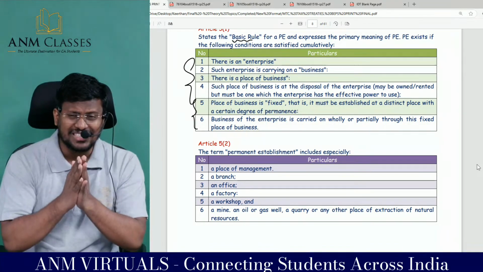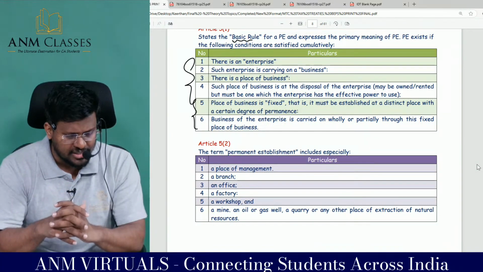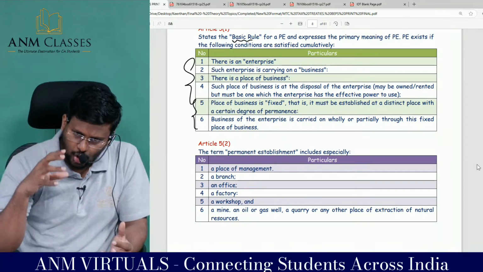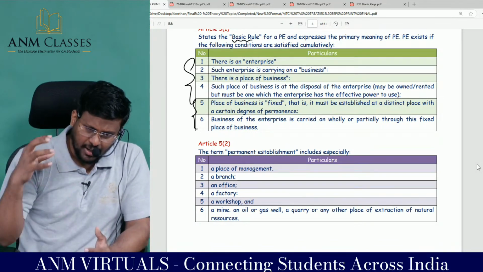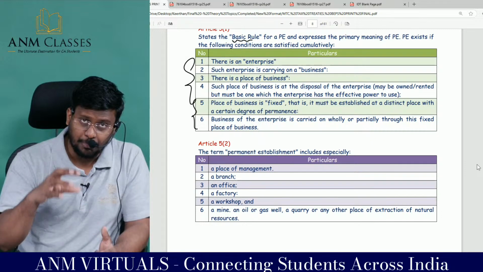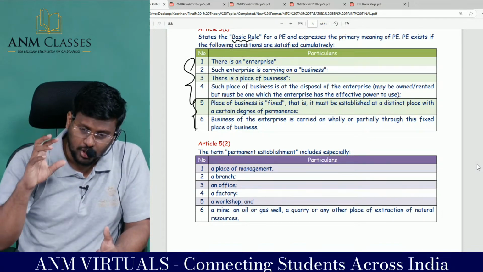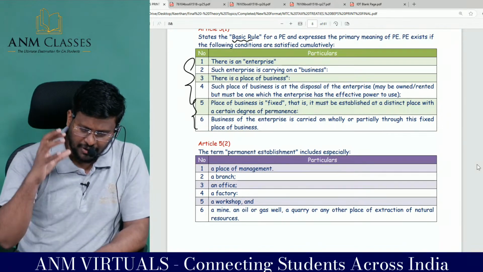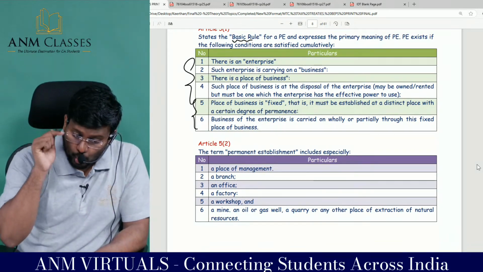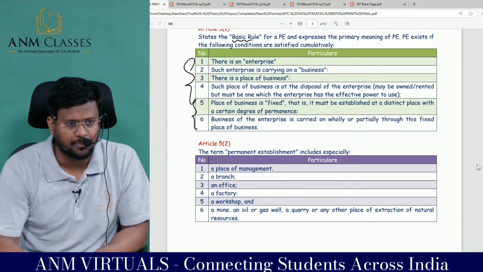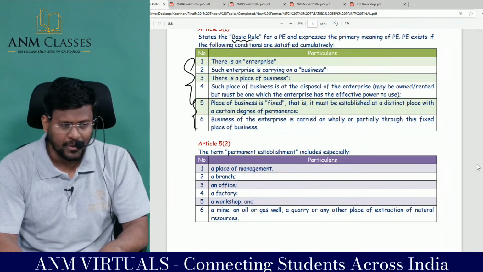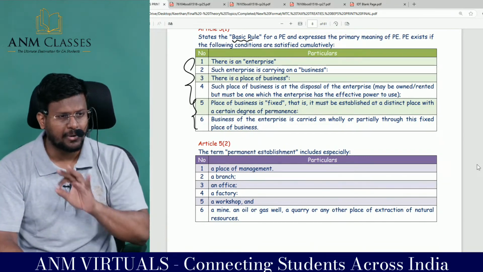So if all the 6 conditions are cumulatively satisfied, that means there should be an enterprise, such enterprise should carry on business, there should be a place of business, such place of business should be at the disposal of the enterprise, the place of business should be fixed, and the business of the enterprise is carried on wholly or partly through this fixed place of business. If all the 6 conditions are satisfied, then we can say that there is a permanent establishment.